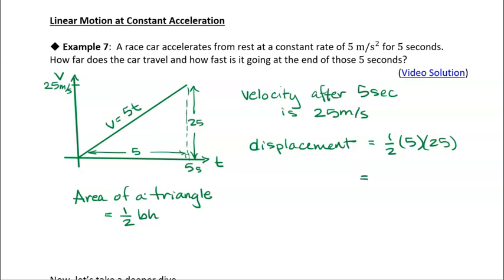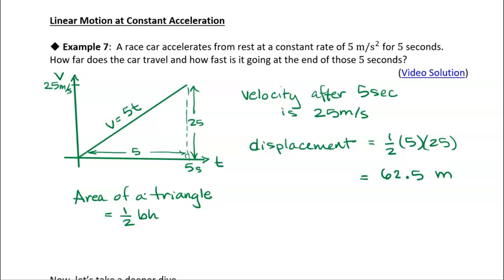If I multiply that out, I get 62.5, and the units are meters, because the acceleration was in meters per second squared, which gives a velocity in meters per second, and then the displacement will be in meters. So that's how far we went in 5 seconds: 62.5 meters.